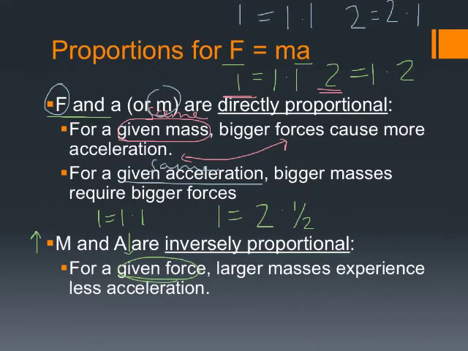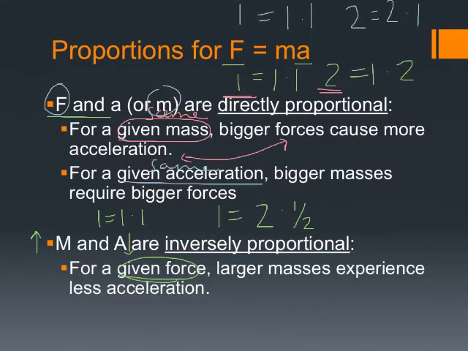All right, that should kind of make sense too. If you apply the same force to a cow and a rabbit, and you get both of them moving, who's going to be moving faster? All right, the rabbit, because the rabbit's smaller, so it's easier for you to get it going, and you'll get it going faster.